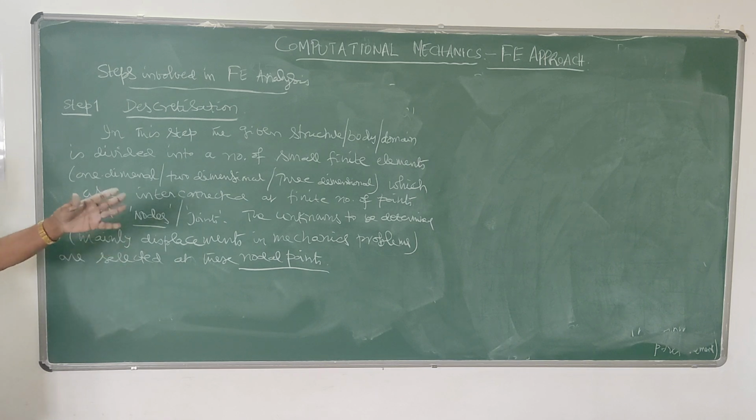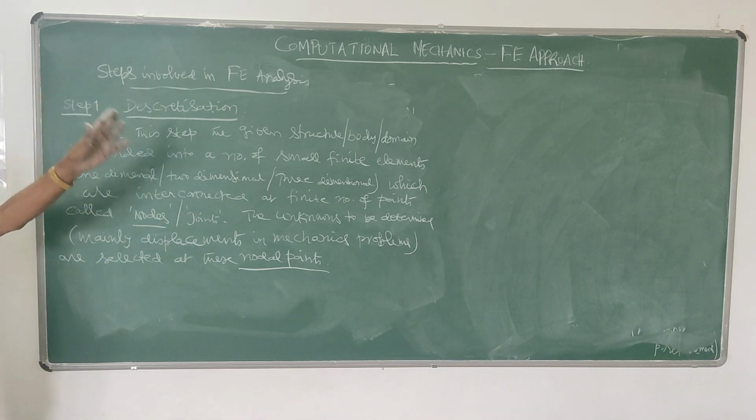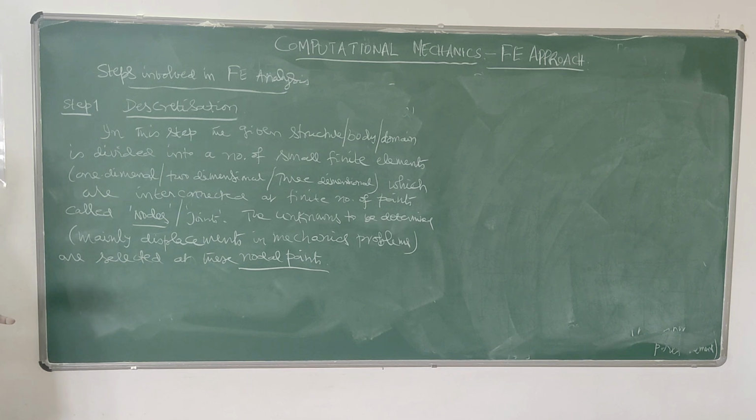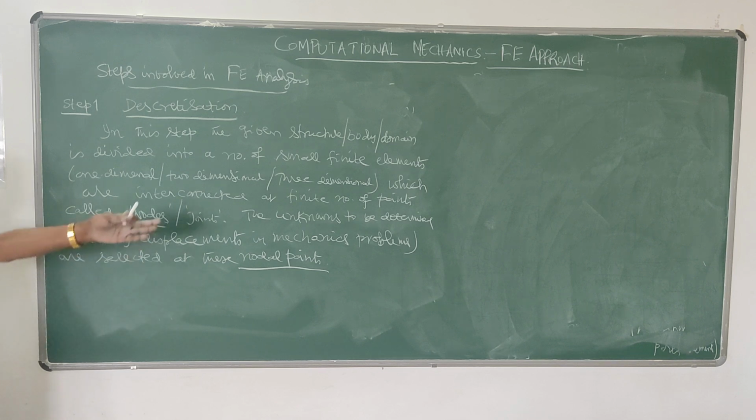So fortunately, our stiffness matrix, that is, the general equation P is equal to K into D, in that K matrix, D is the unknown. K matrix is a banded matrix. Banded matrix means some of the elements of that matrix become zero. You have seen, in the earlier calculation I determined, most of them are zero.